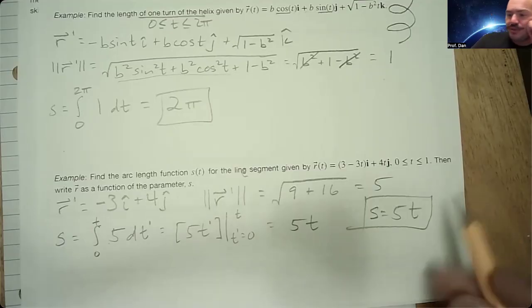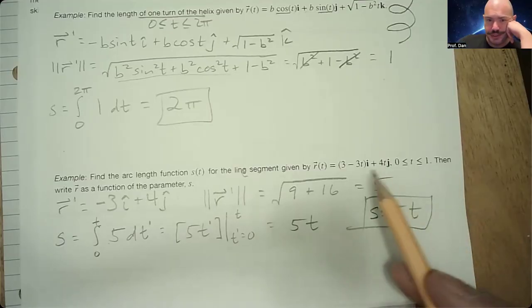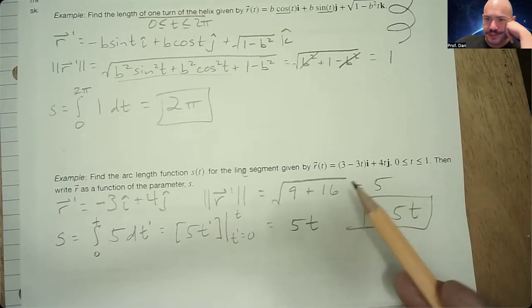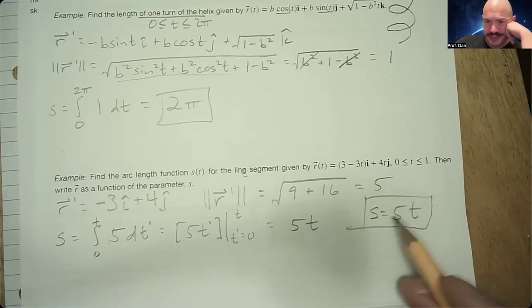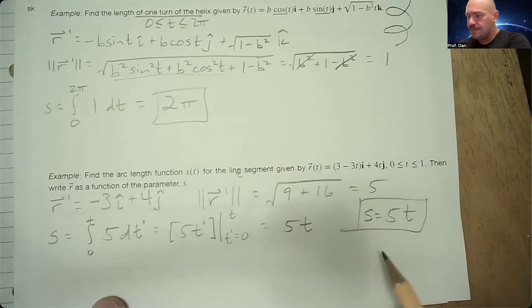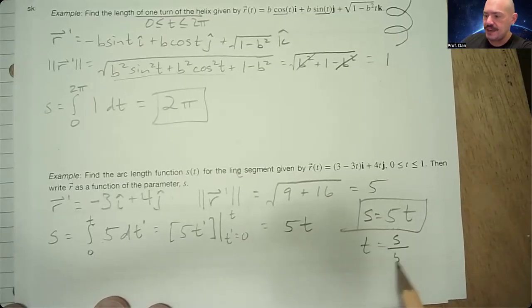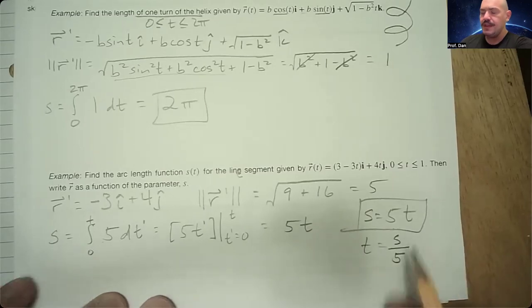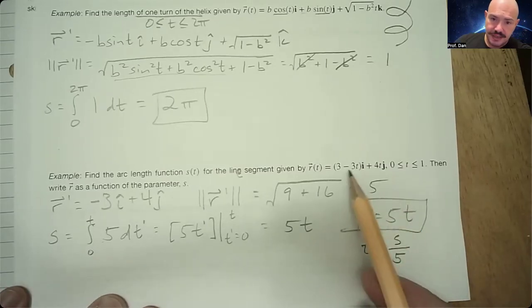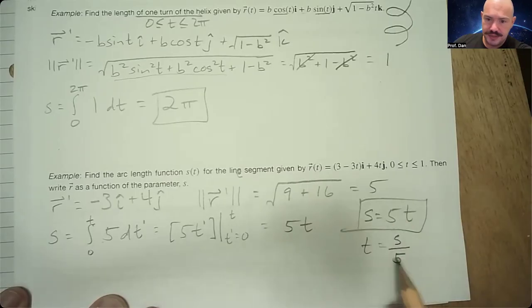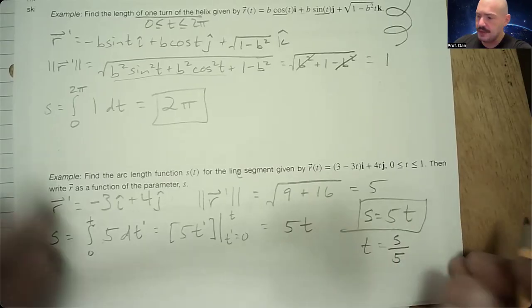Now, if I wanted to rewrite r, my original line segment, in terms of s, one approach I could take is to solve this equation for t. So I could do that by just dividing both sides by 5, right? And anywhere that I see a t in r of t, I can replace it with s over 5.